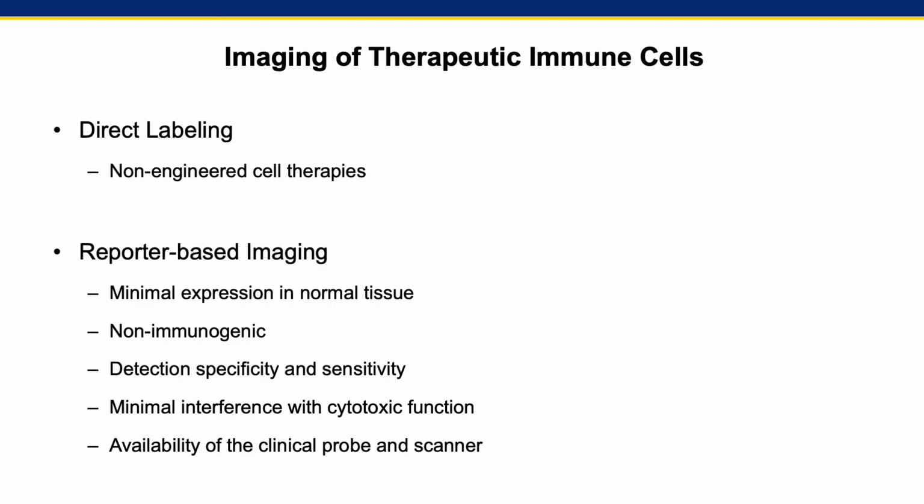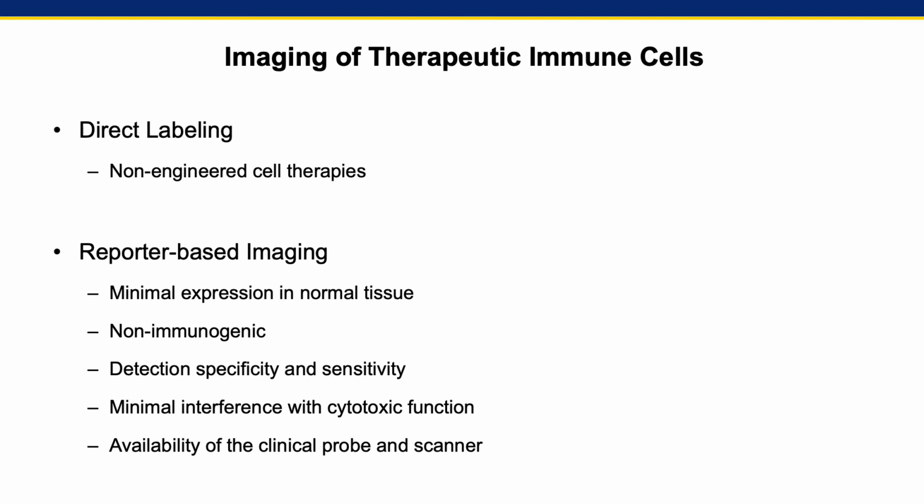In this presentation, I introduced methods to image therapeutic immune cells. There are two different methods which each have unique uses. Direct labeling will be suitable for imaging non-engineered cells in human patients.